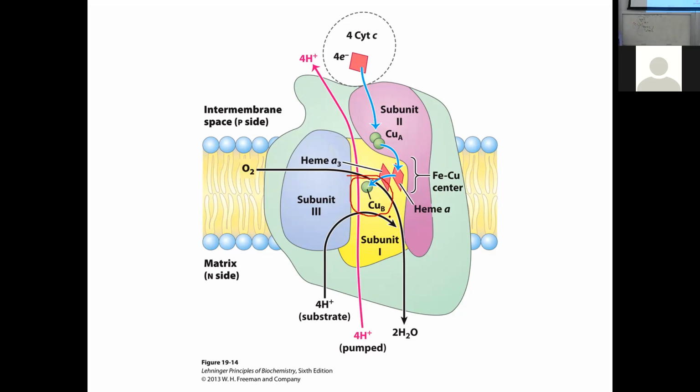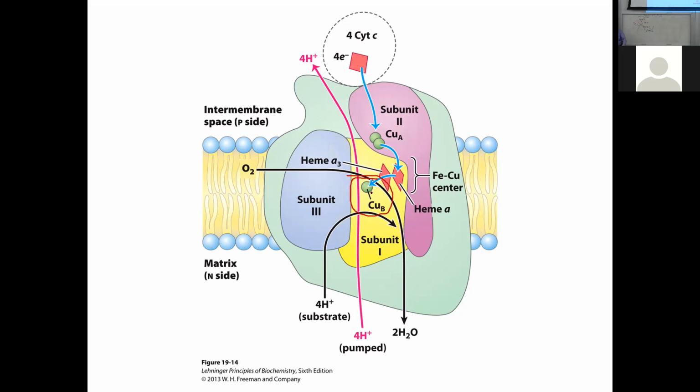Copper B is a single copper that is coordinated and held in place by elements of the proteins that surround it. Oxygen is also bound. And as oxygen is reduced, protons are pumped. For 4 electrons coming in, 4 protons will be pumped. For 2 electrons, 2 protons, or the equivalent, will be pumped.